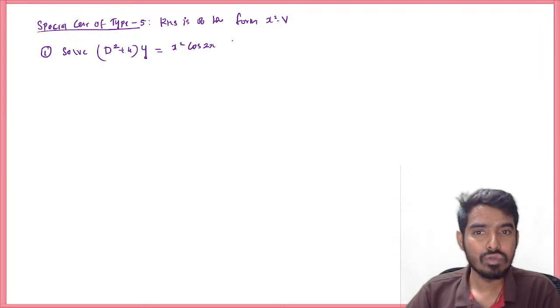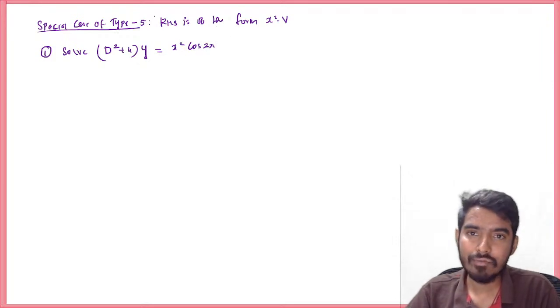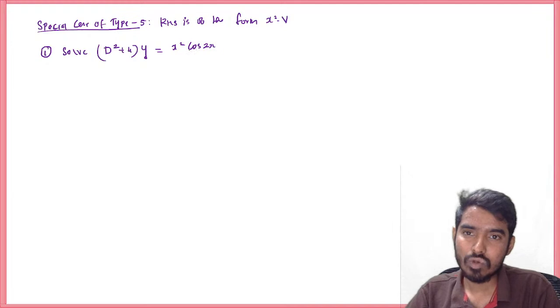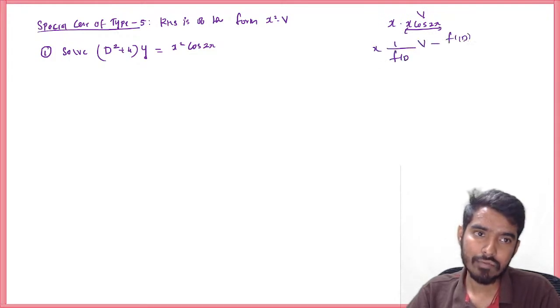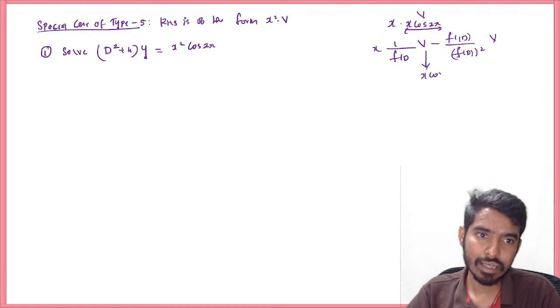See, you can do this in case 4 also. Sorry, type 5 also, right? You don't even need to consider this a special case. Why? Because you can also do it by the previous method. That is, if you have x into x cos 2x, for this you take this as B, so that we will have 1 by f of D into B minus f dash of D by f of D whole square into B. Now B is x into cos 2x.